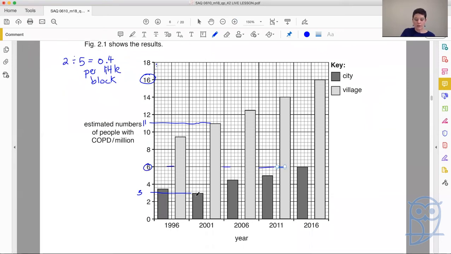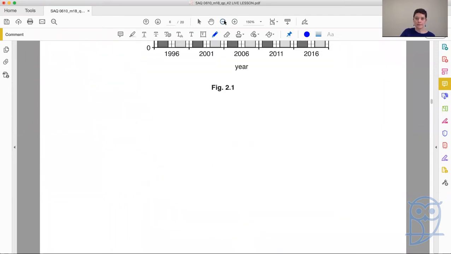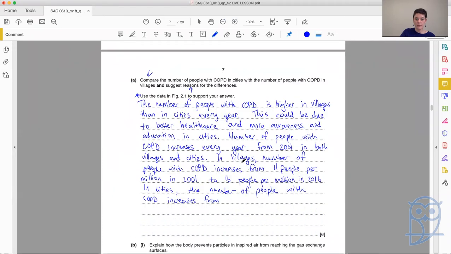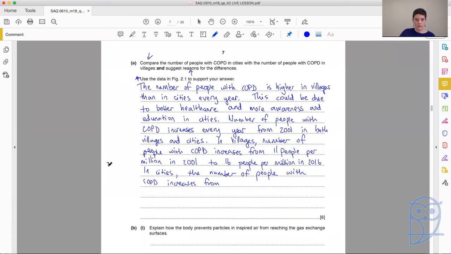So we're going from 3 to 6. From 3 people per million in 2001 to 6 people per million in 2016.